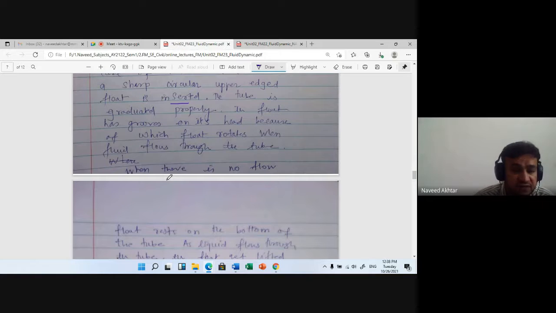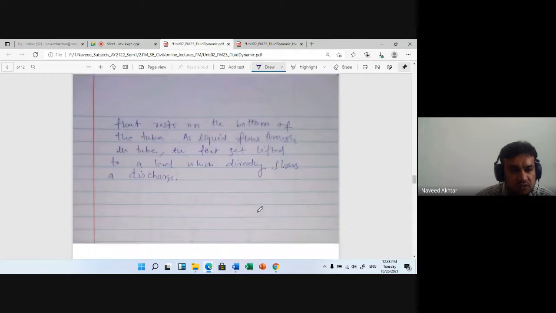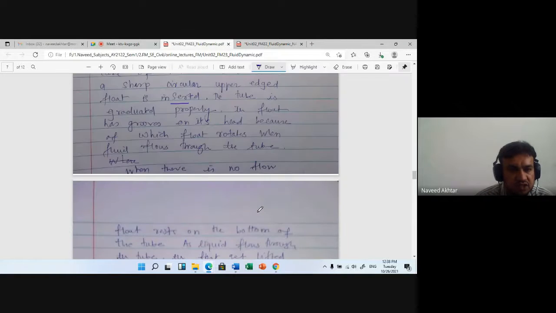When there is no flow, the float rests on the bottom of the tube. When liquid flows through the tube, the float gets lifted to a level which directly shows the discharge.